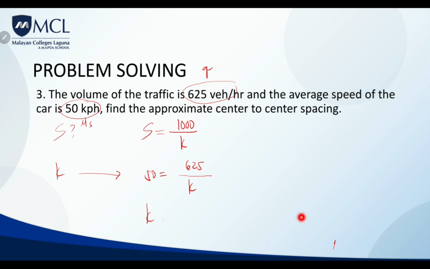So, what is k? It is 12.5 vehicles per kilometer.